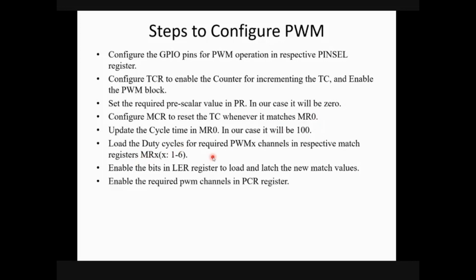For example, I want a 50% duty cycle and I'm using PWM 3, then the MR3 value should be 50. If I want to make the duty cycle 60, then I need to make this MR3 value 60. So this value will be controlling the duty cycle.